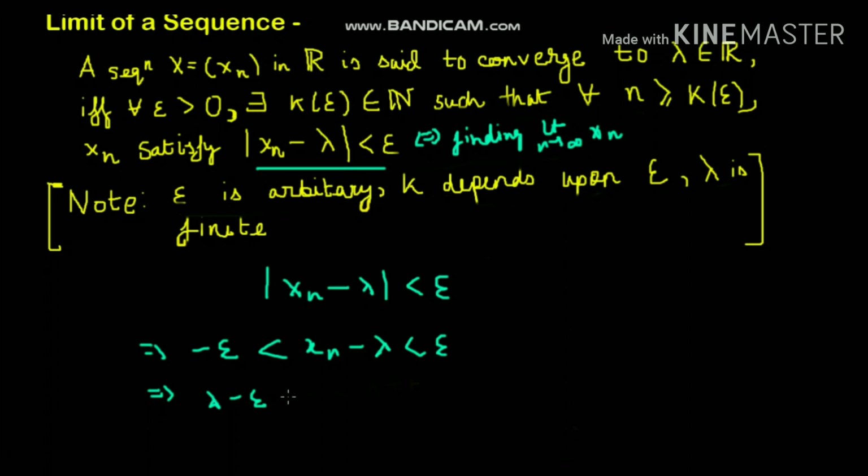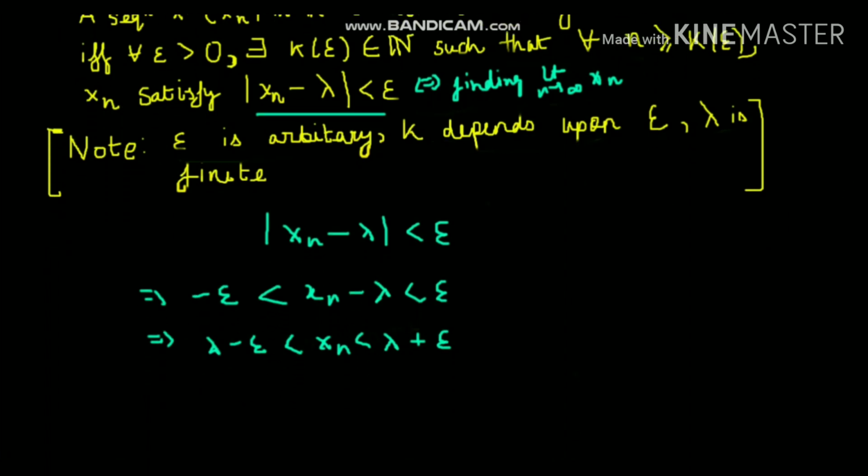Now if I add lambda to all sides, I get lambda minus epsilon is less than x of n, which is again less than lambda plus epsilon. Now we have epsilon greater than 0. So if we choose epsilon to be very close to 0, what will we get? We can actually choose epsilon to be very close to 0.